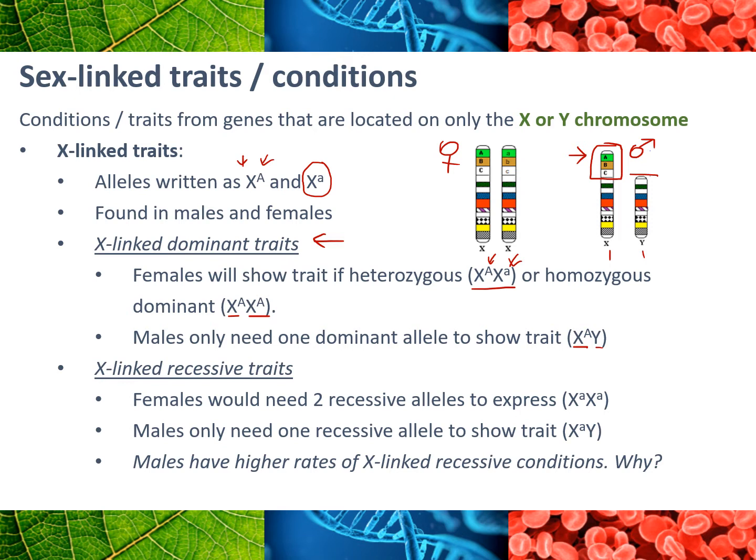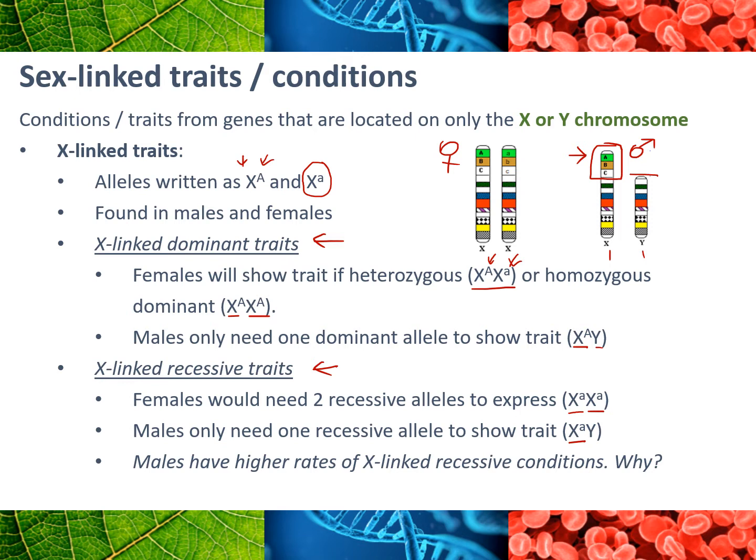If the trait is recessive, for a female to have the trait or condition, they need the two recessive alleles. For males to have the recessive condition, they've only got one X chromosome, so they just need one copy of that recessive allele on their X chromosome and then their Y chromosome. So the Y chromosome doesn't have any influence really on these X-linked traits.